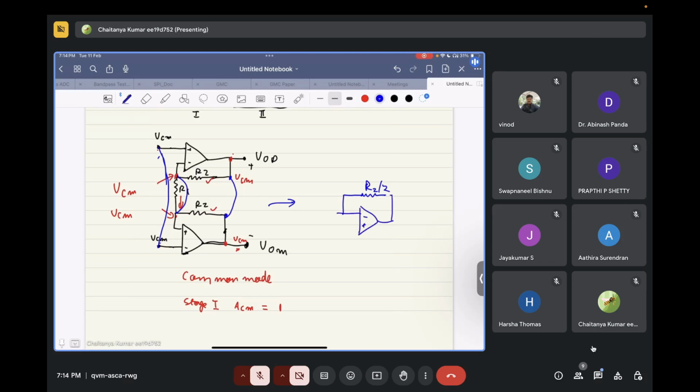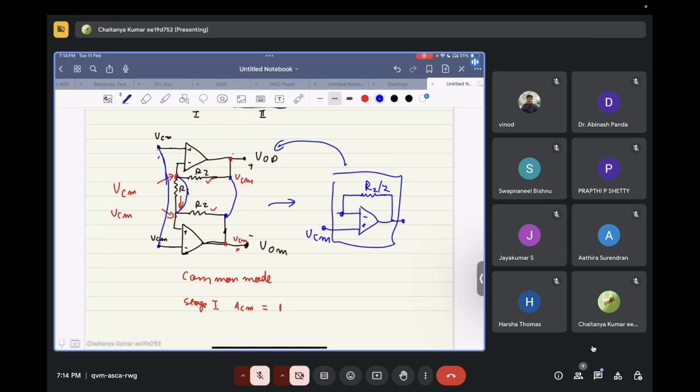The strength of the op amp will become 2x, but since this is already an ideal op amp, it doesn't matter. And here we will have VCM. So this circuit can be equivalently substituted for this circuit to analyze the common mode voltages.